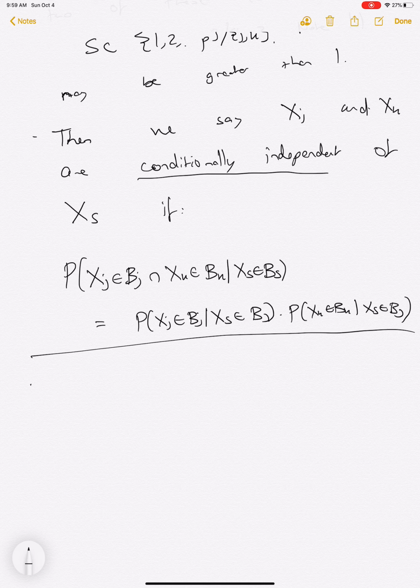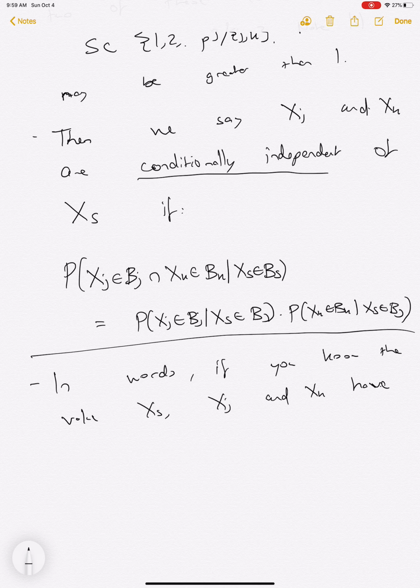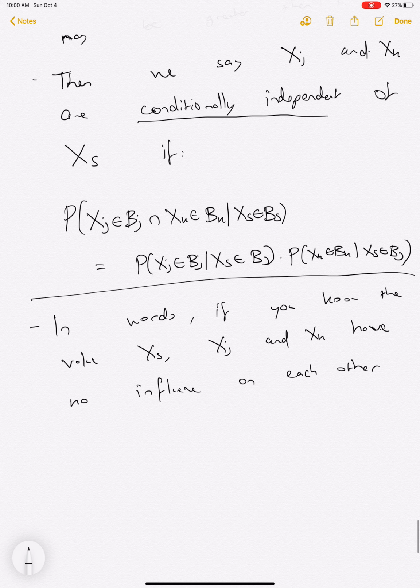But in words, what that means is that if you know the value of xs, xj and xk have no influence on each other. This is a little bit more of a nuanced concept, because we're now introducing this xs.